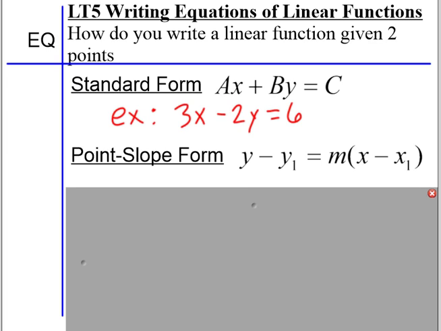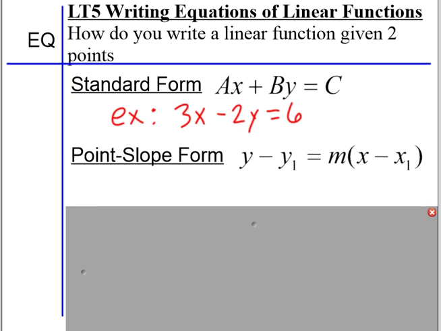Another way we can write an equation is in point-slope form, often used to just help us create equations. Not so often left in this form, but it is one way to write out a linear equation. An example of what this looks like might be y minus 2 equals 3 times x plus 1.